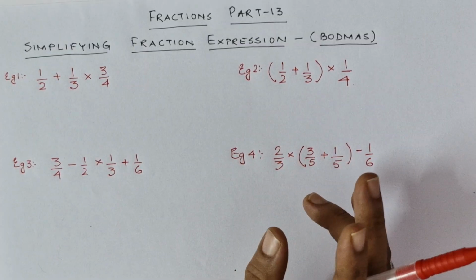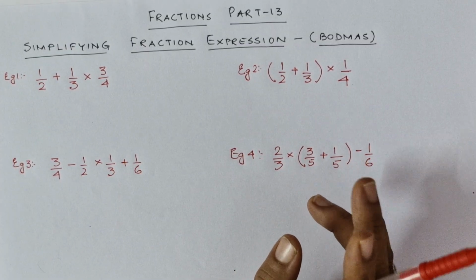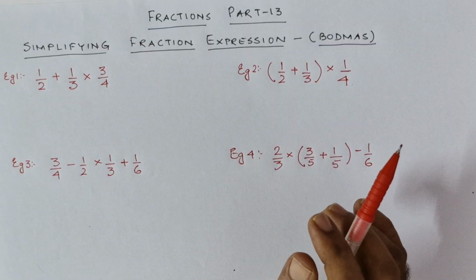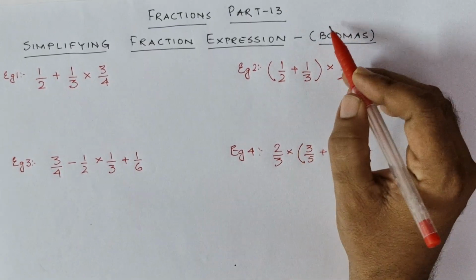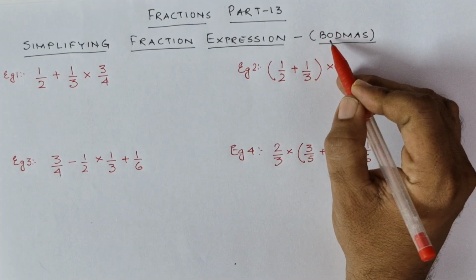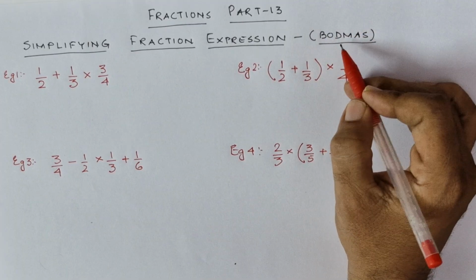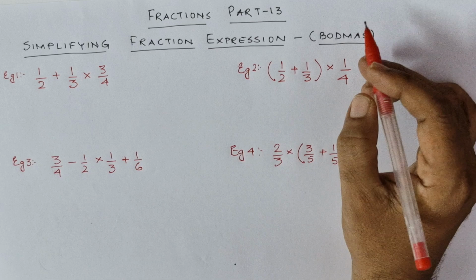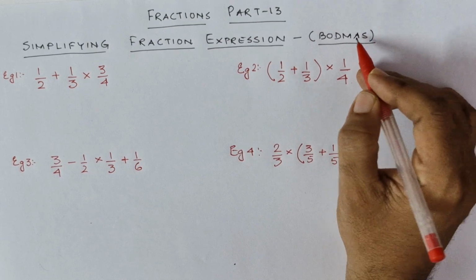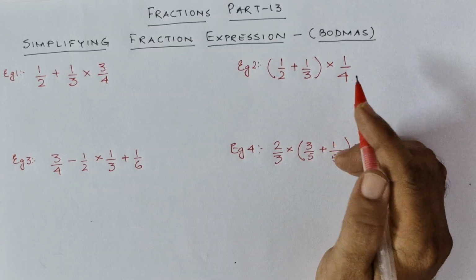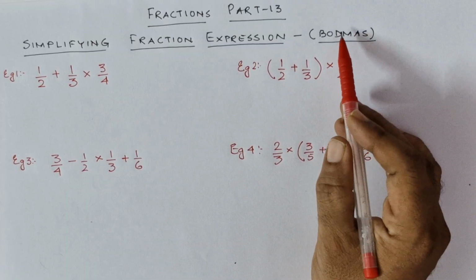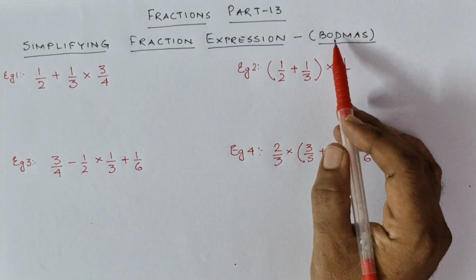If you have gone through my earlier lectures on BODMAS, then you will know that BODMAS stands for bracket, order or of, division, multiplication, addition, and subtraction. We have not gone through division yet, so we'll leave the division.